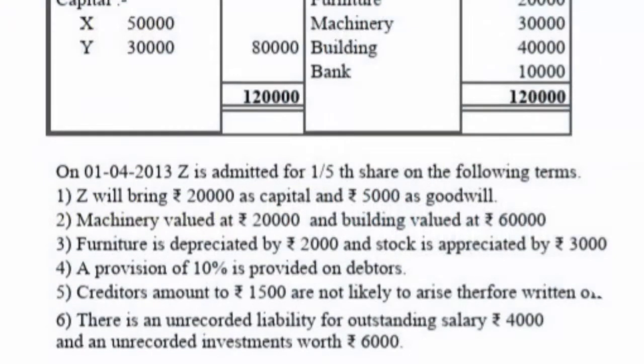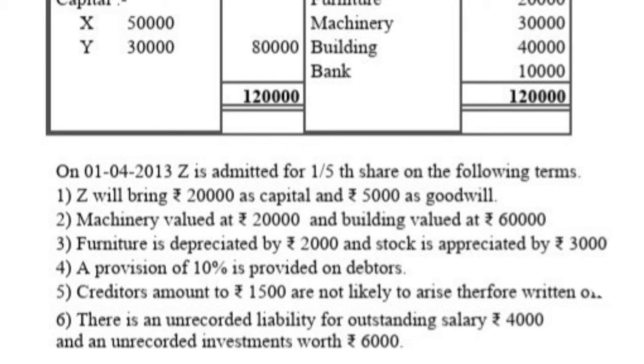Next term, creditors amounting to rupees 1,500 are not likely to arise, therefore written off. In our balance sheet, on the liability side, creditors is rupees 30,000. Out of 30,000, 1,500 is not likely to arise, so we need to write it off.